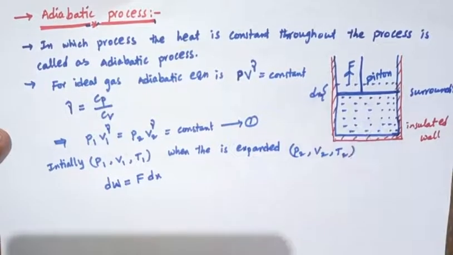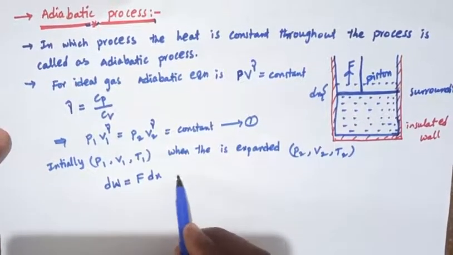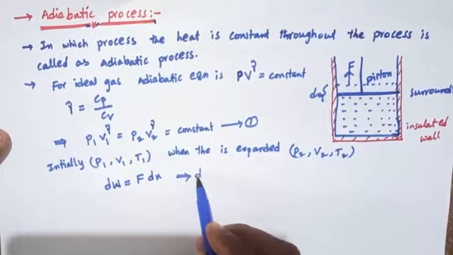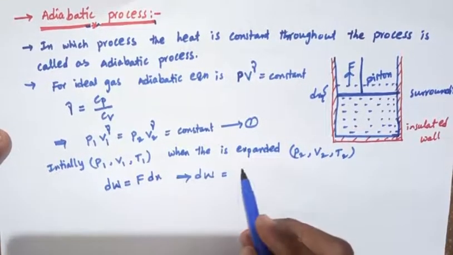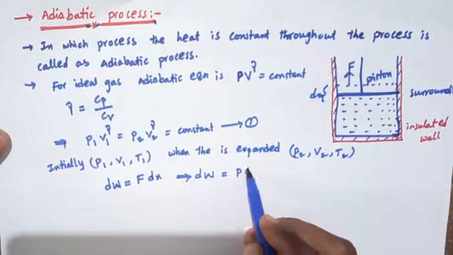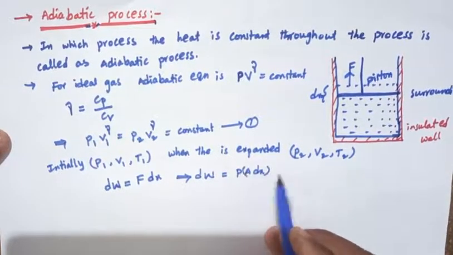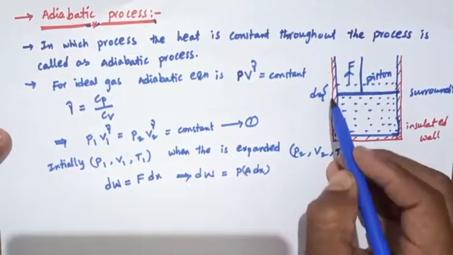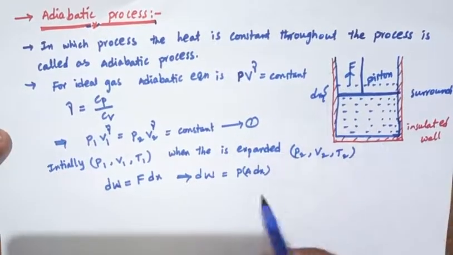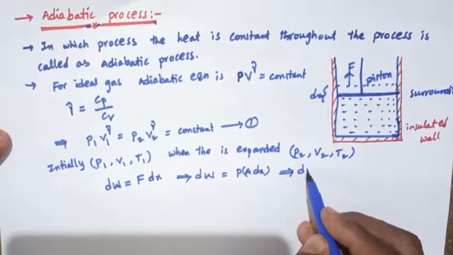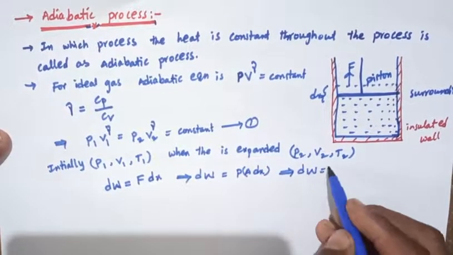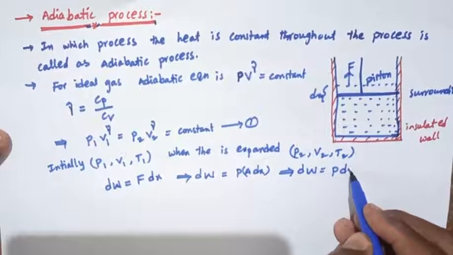F is P into A, so dW equals P A dx. Area into displacement is volume, so dW equals P dV.